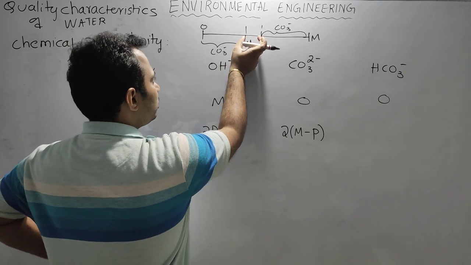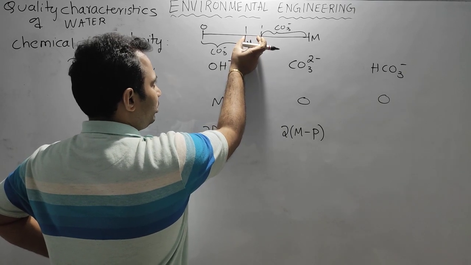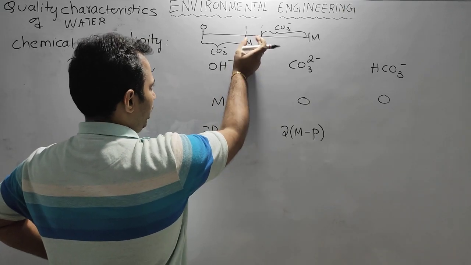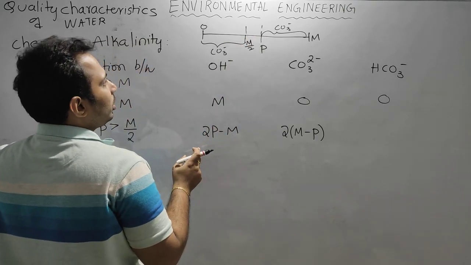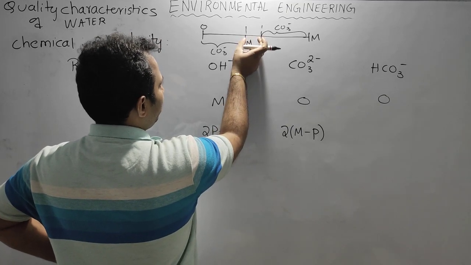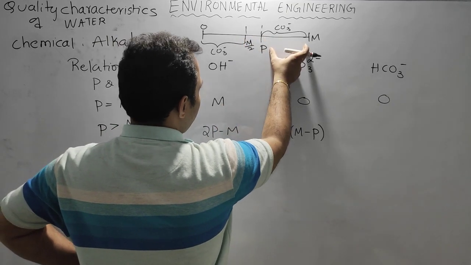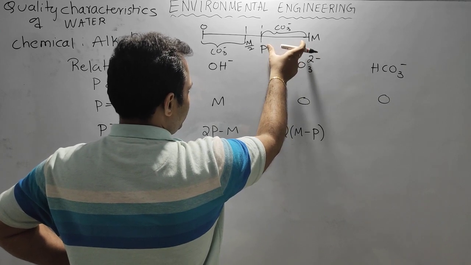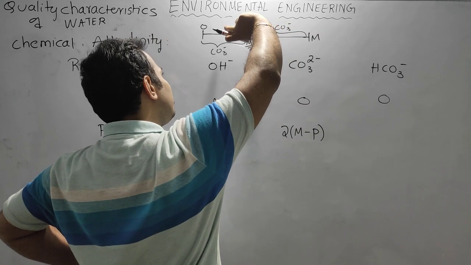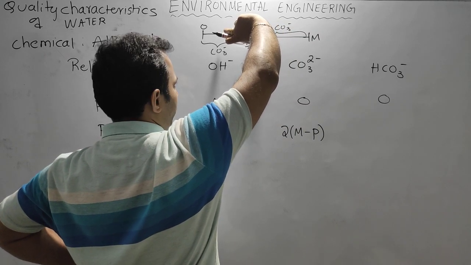And this gap is of what? This gap is OH minus alkalinity. So this concentration, I want this one only. So this is M minus P. The same M minus P is needed on this side, isn't it?